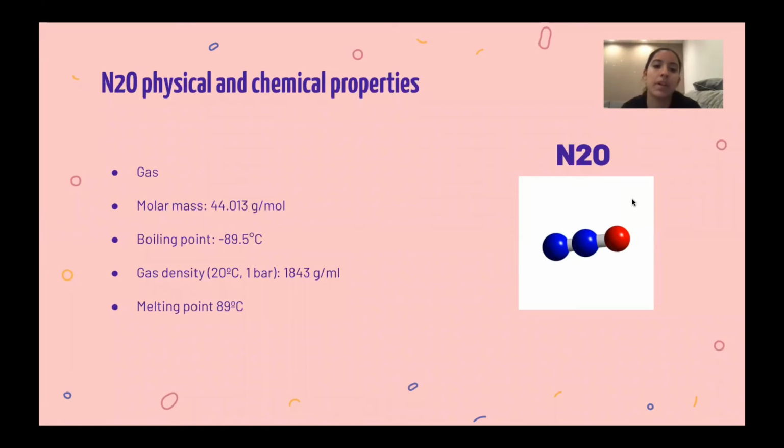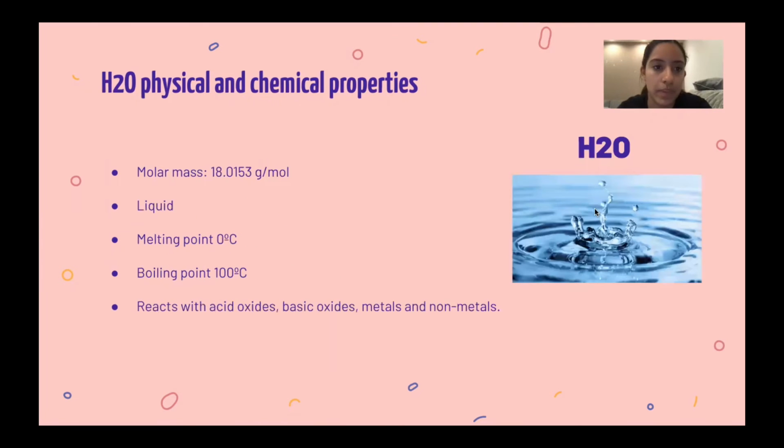The physical and chemical properties of nitrous oxide is that it's a gas. Its molar mass is 44.013 grams per mole. Its boiling point is minus 89.5 Celsius, and it has a gas density of 1,843 grams per milliliter, and its melting point is minus 89 Celsius.